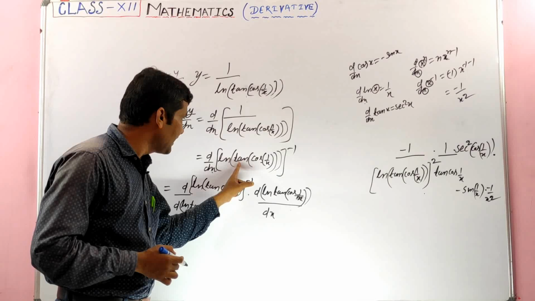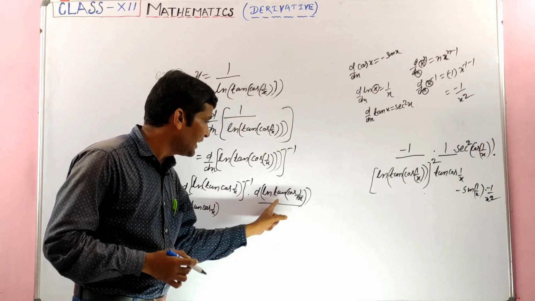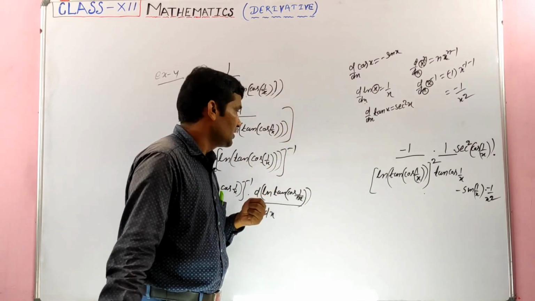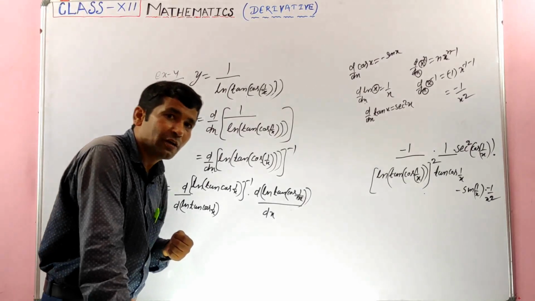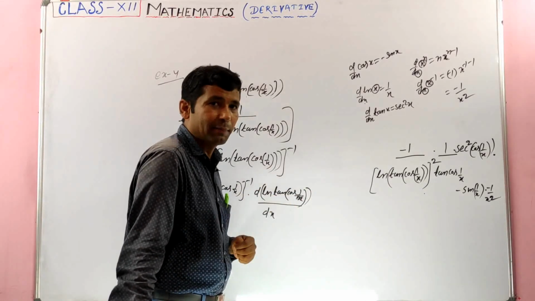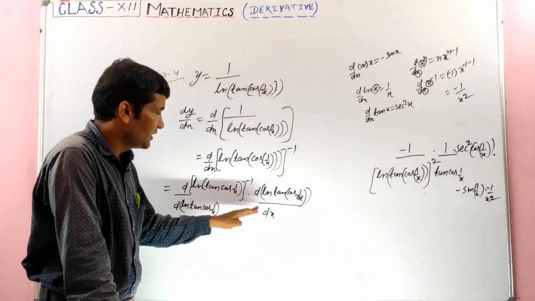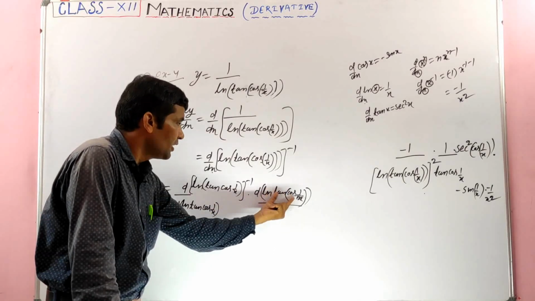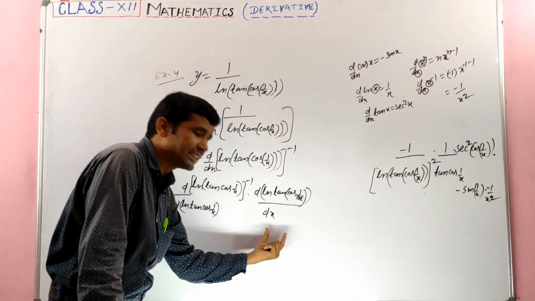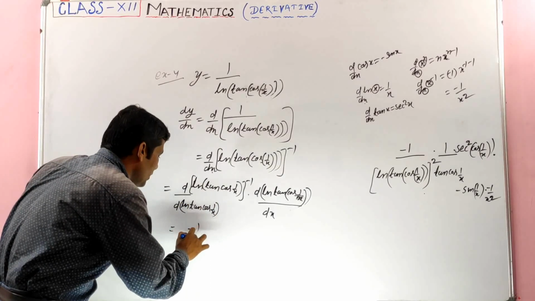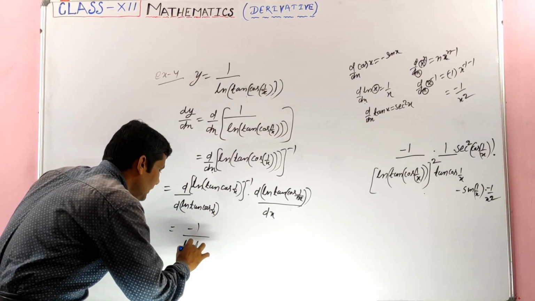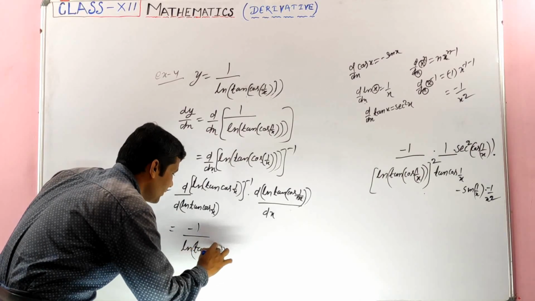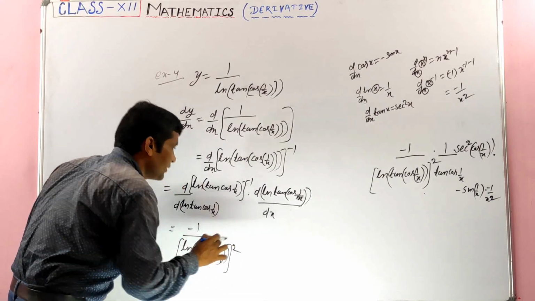You can directly adjust it as in the previous example. If you are facing some problem or it is difficult for you to adjust in one step, then write it as dx, writing only the two steps. Then we will adjust again in the next step. So this minus 1 of minus 1 by ln tan cos 1 by x whole power minus, this is equal to square.